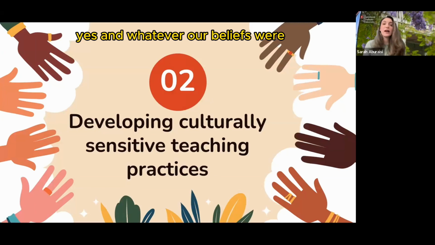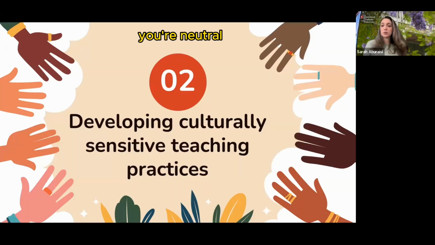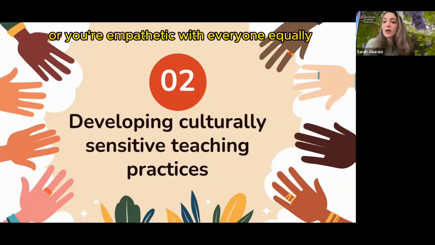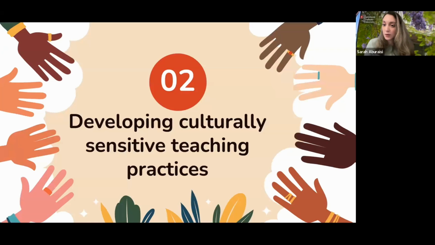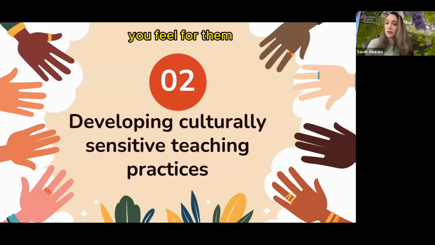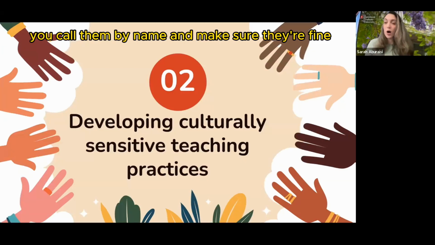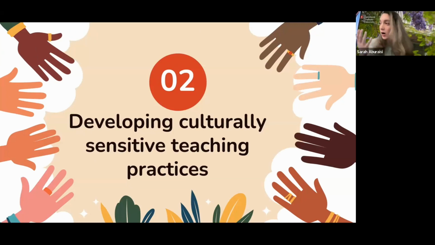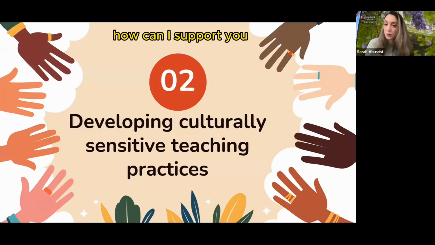And whatever our beliefs were, when you enter the classroom, you're neutral or you're empathetic with everyone equally. You are aware of what's happening. You have a stance on something. You feel for them. You call them by name and make sure they're fine. You email them. Are your family safe? Are you okay? How can I support you?